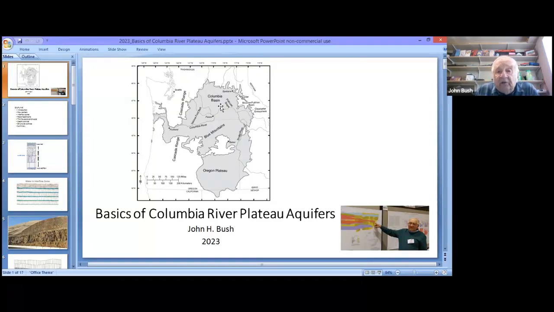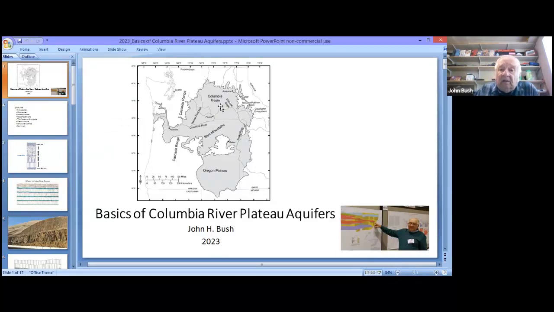Most of that thesis is about compartmentalization of the lower aquifer system. But he has a good little section in there with great illustrations about what he calls the basics and what I'm calling the basics. He also has the same references that I used. I would say the only thing you'd be missing is that I'm going to talk about the role of sediments.